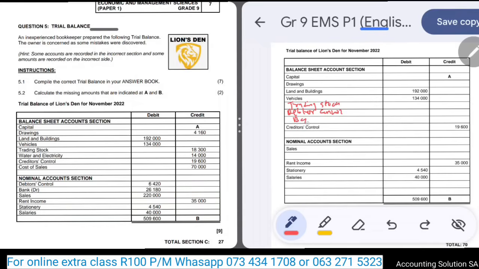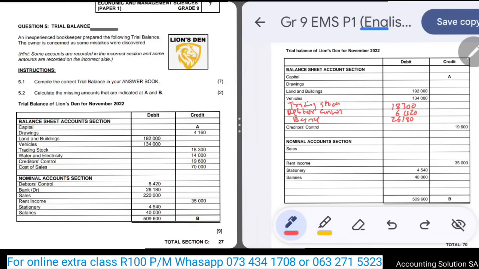It falls under balance sheet. Bank and the amounts are 26,180 and 6,420, and the trading stock is 18,300.